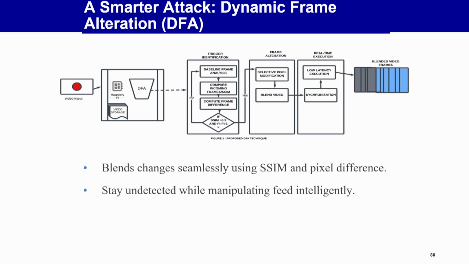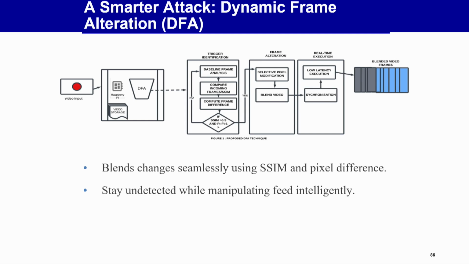It's a bit similar to the previous one, where you alter the frames after some point, but that one is done very abruptly, without identifying a good moment. Here, when a video is running, he has a stored video and tries to find the right time. When the contents of the running video and the stored one are quite similar, with a lot of feature similarities, then you replace. Then it's not easy to detect. So that's how it happens.